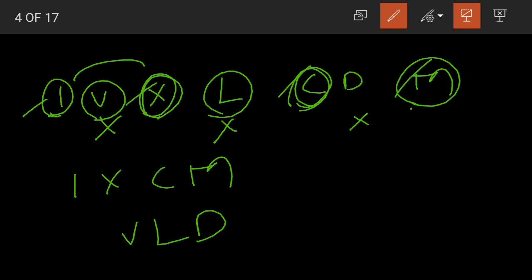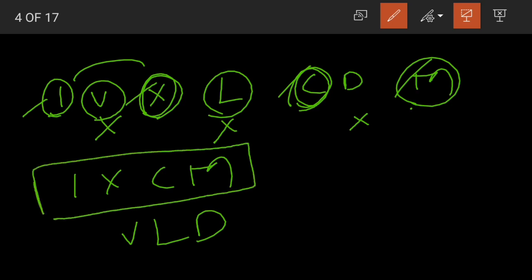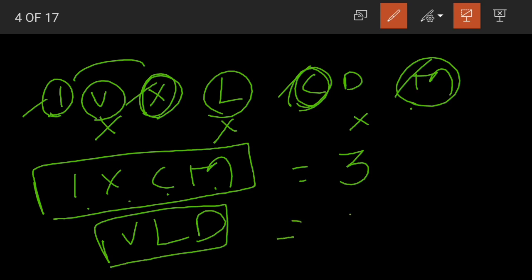Now where do we have many symbols? We have many symbols in this batch, which are I, X, C, M. So these can be repeated 3 times. These are lesser in number, so this can be used only once. Understood, children? What did we do?